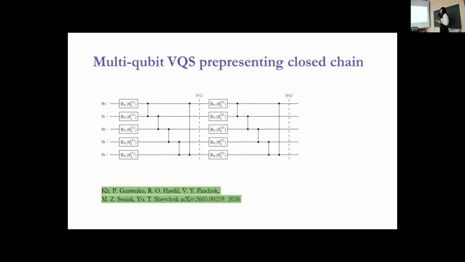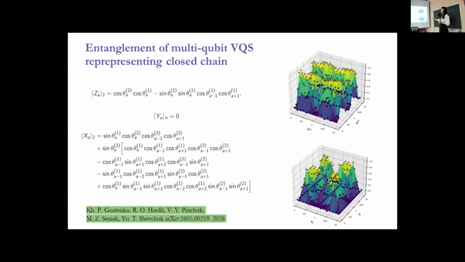Also, we calculated correlators, and we did this with analytical calculations, by hand, but also with the help of quantum computing. The results of quantum computing are presented with dots, and the theoretical results you can see on this slide. This is the recent paper, so you can see the details published on arXiv.